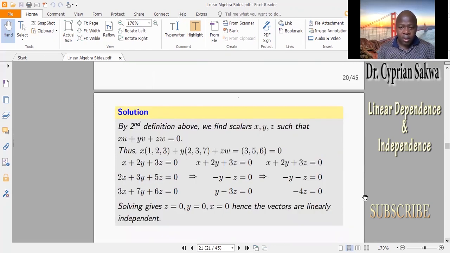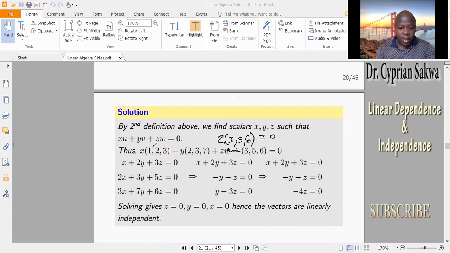So let's just go through it. I have x times the first vector plus y times the second vector plus z times 3, 5, 6 equals 0.